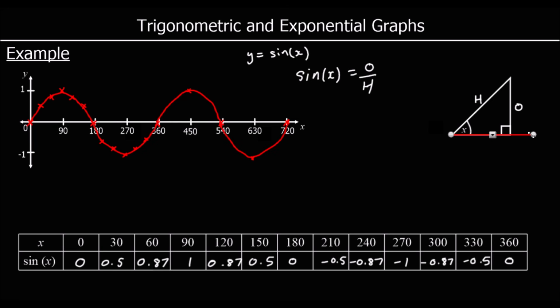And then as the angle gets bigger and bigger, the opposite will get bigger, and the opposite over the hypotenuse will get bigger and bigger until it reached 1. So that explains the first 90 degrees.